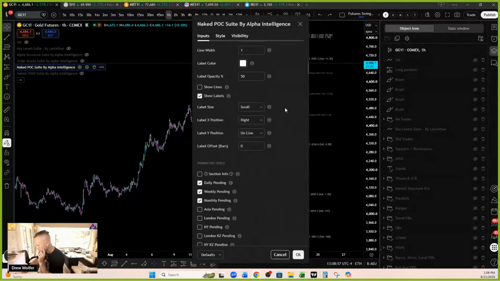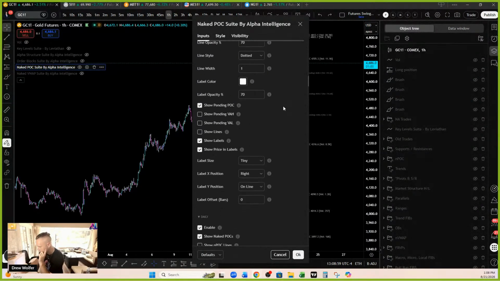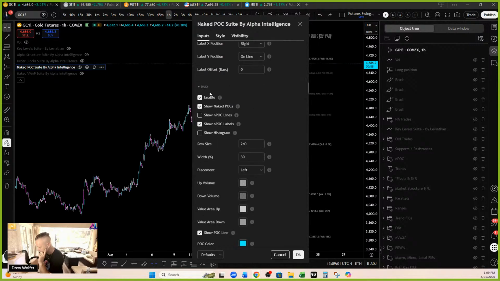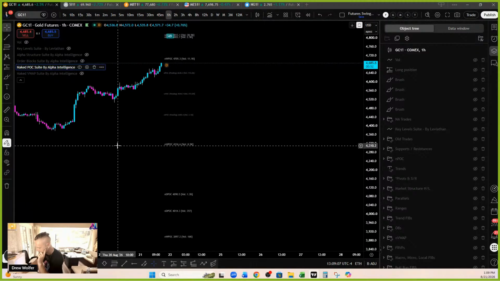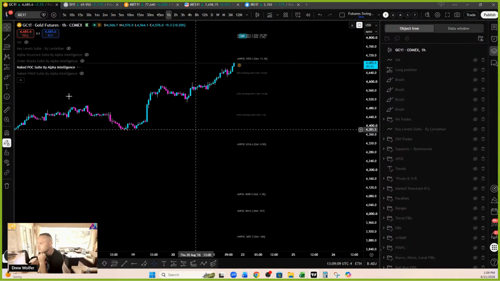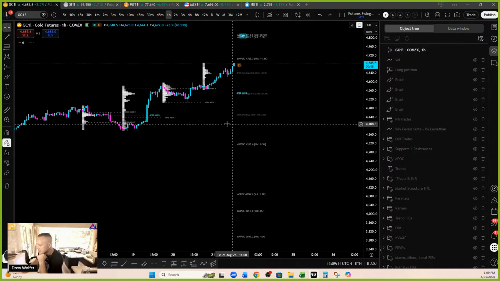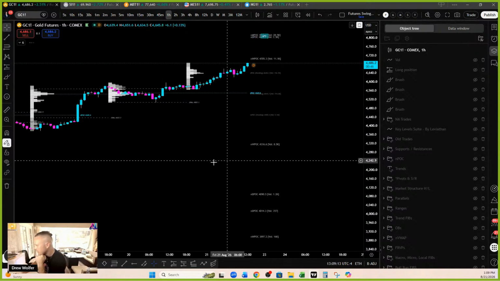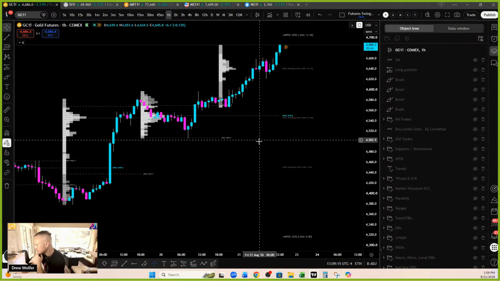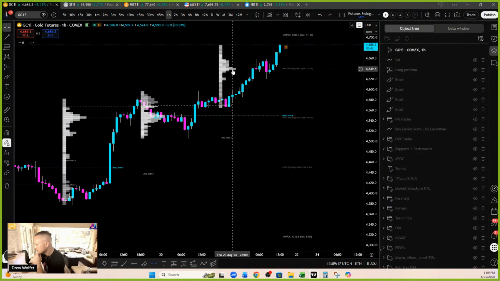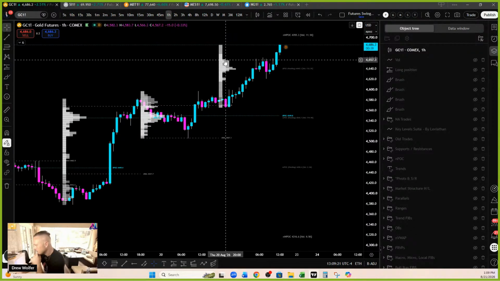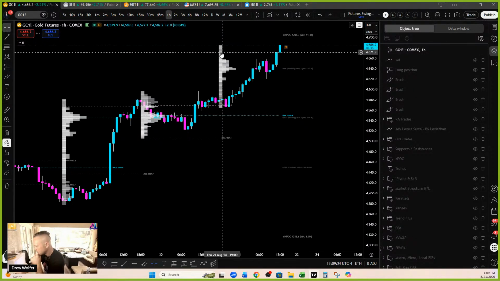All you got to do is come down here and turn on your volume profiles. So I'll turn on the daily volume profile. It's the histogram. Watch this. See these histograms? What these are telling you is the exact volume that came into the market, okay? So these little bars are telling you exactly the volume that came in. The smaller the bar, the less volume came in.